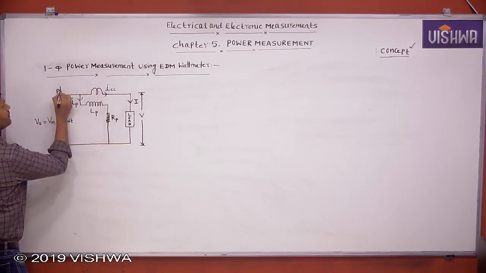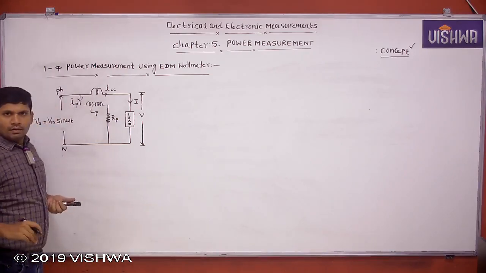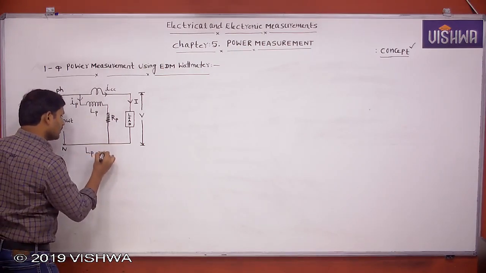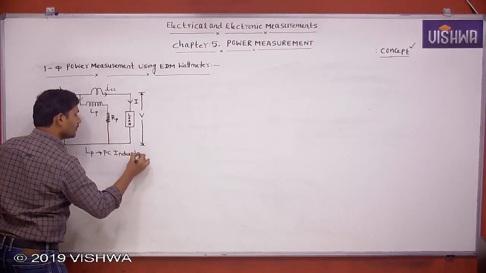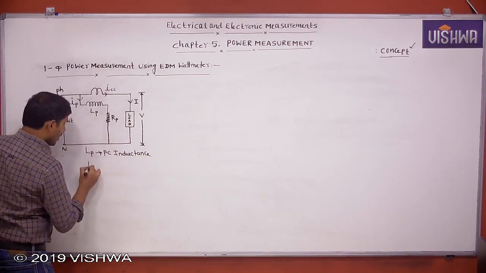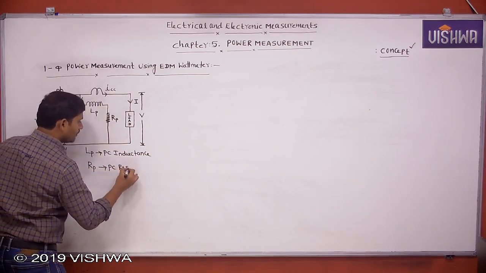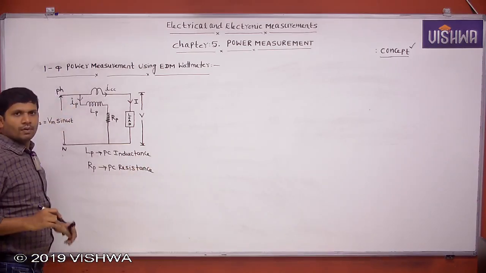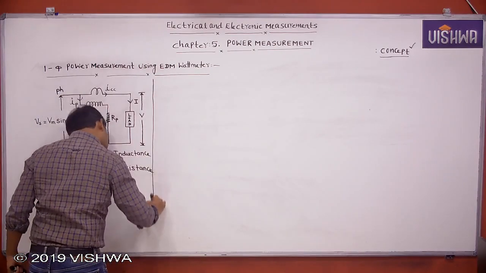This is phase, this is neutral. Where LP is pressure coil inductance, RP is pressure coil resistance.